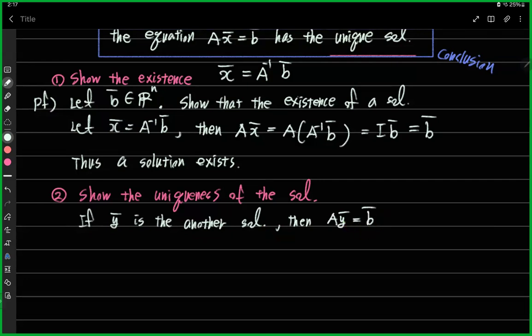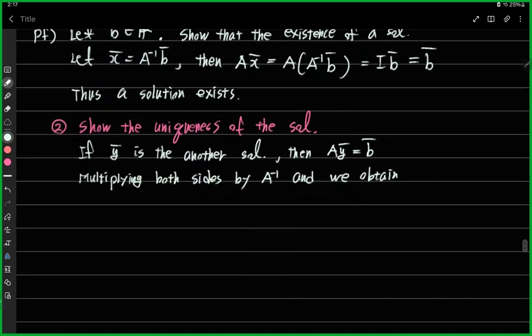And then multiply both sides by A inverse. What happens?